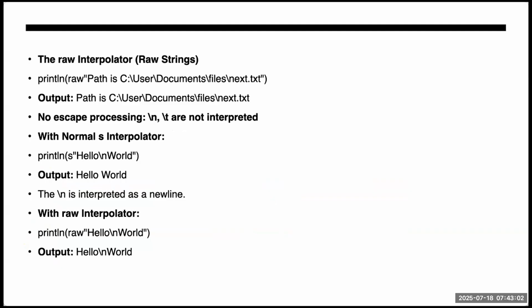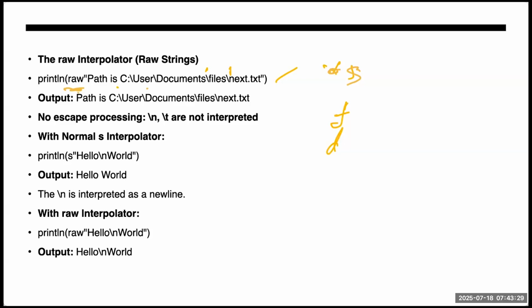Now, let's suppose you have to print things where you have backslashes, front slashes. If you want to print this, then you will use raw, like how you have percentage s, then f, then d. Similarly, you have raw. If you have backslashes and all, you can use raw to print it.